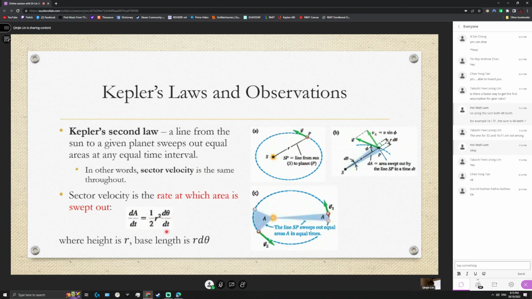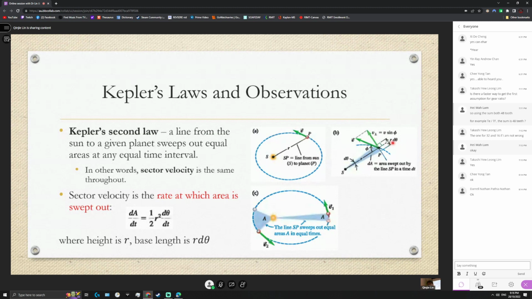So how do you get this expression? It's actually half times base times height, then divided by dt. So this sector, they approximate to a triangle. This small base down here, we call it R d theta.